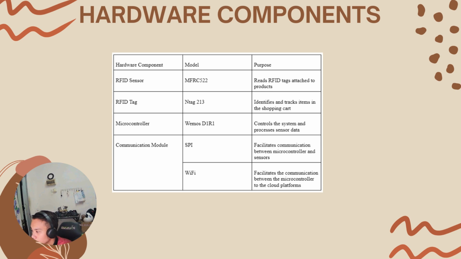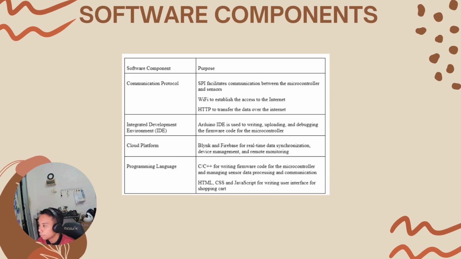The RFID tag is to identify and track items in the shopping cart. The microcontroller controls the system and processes sensor data. The SPI communication module facilitates communication between the microcontroller and sensors, and Wi-Fi facilitates the communication between the microcontroller and the platforms.